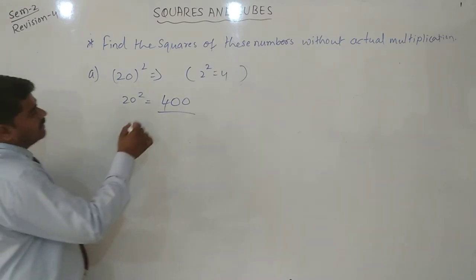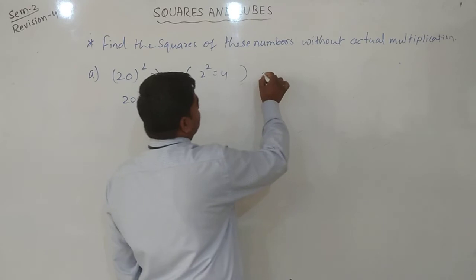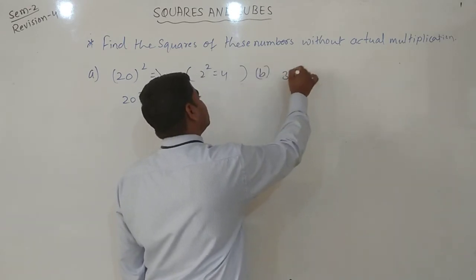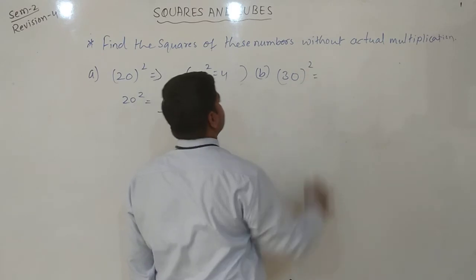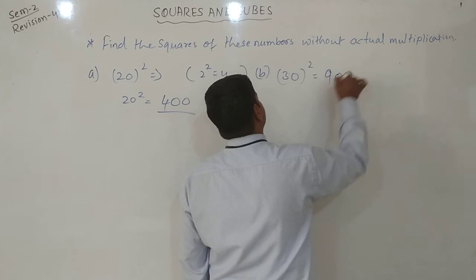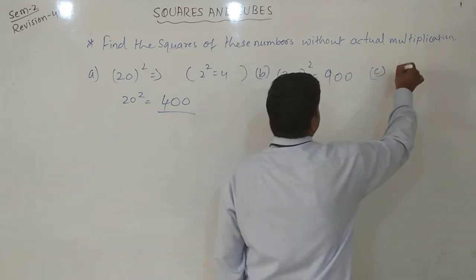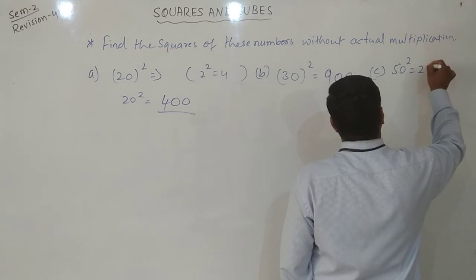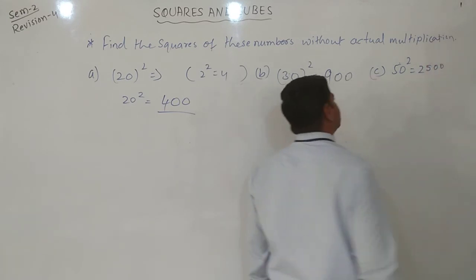Yes, like this. Here 30 square. What is 30 square? 3 square is 9, then 2 zeros, 900. Yes, 50 square. 5 square is 25 and 2 zeros.